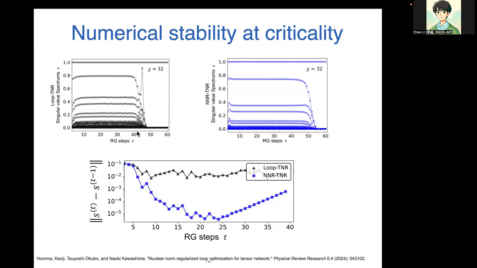But on the right, it is using our method. The spectra are much cleaner and more stable, meaning the optimization avoids overfitting to short-term noise and preserves the physically meaningful correlation. The bottom compares the error in free energy between methods. Our method consistently achieves the lower error at the critical point, showing that this method really helps stabilize the simulation of the phase transition.